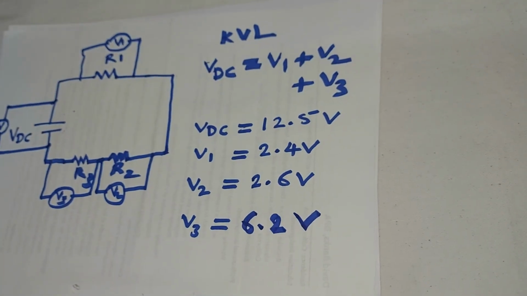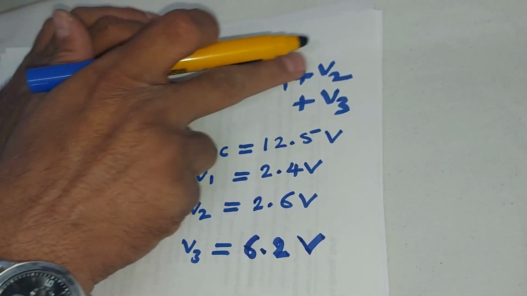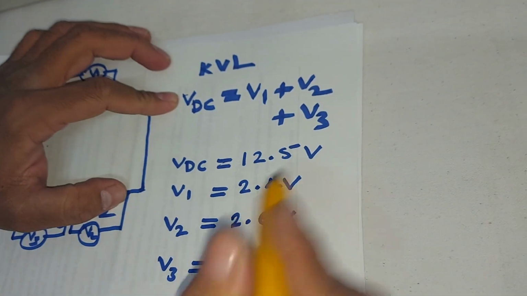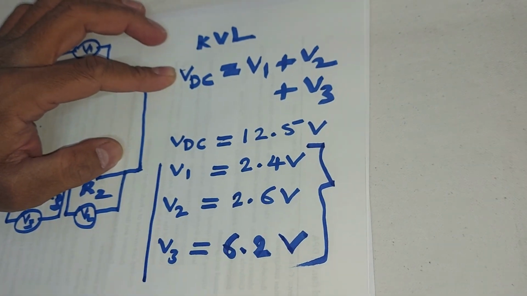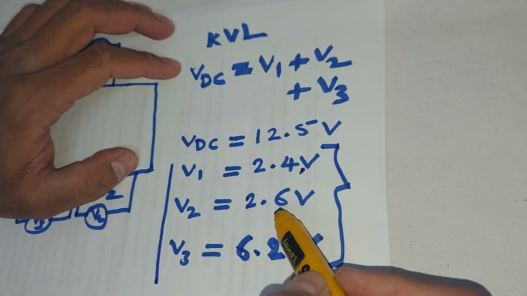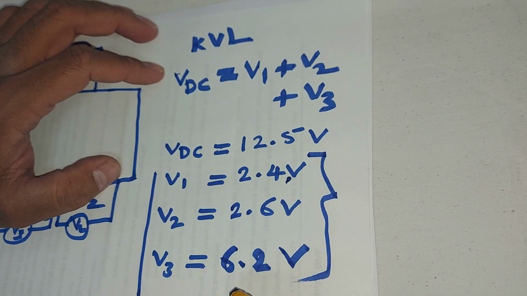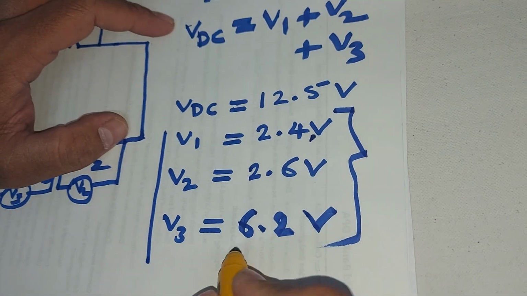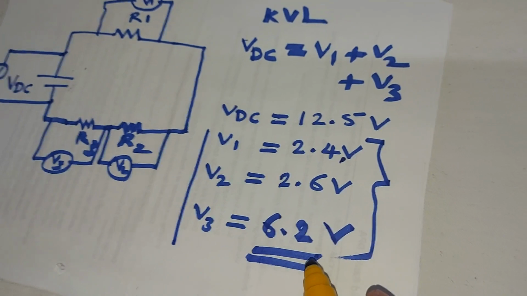Now here, according to Kirchhoff's voltage law, VDC should be equal to V1 plus V2 plus V3. So to verify that, we have to add all these three voltages. So you can see that this is 2.4 plus 2.6 will be 5, and 5 plus 6.2 will be 11.2.